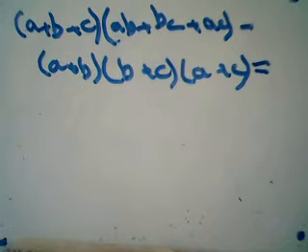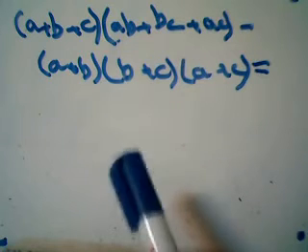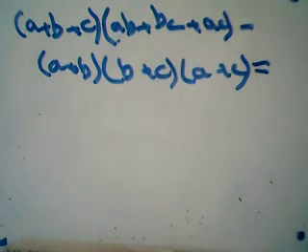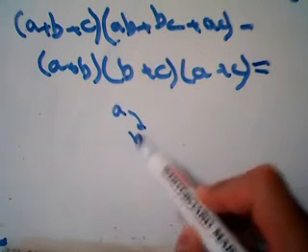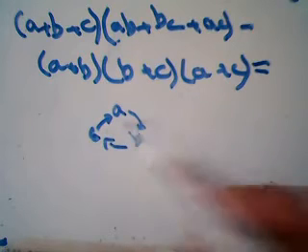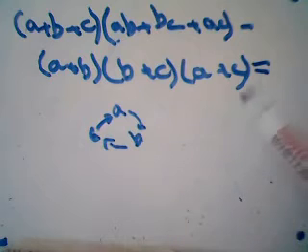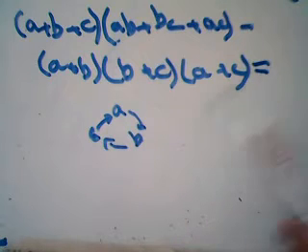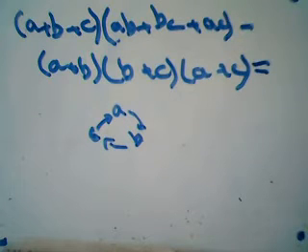At one point here, let's first check, this is a symmetrical polynomial, because if we change A to B, B to C, and C to A, that would be equal to the original polynomial.